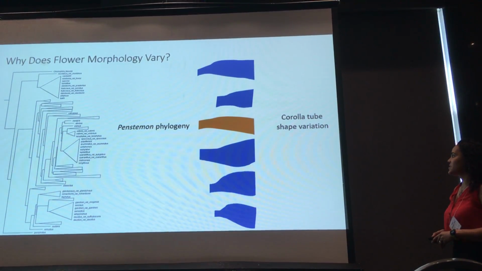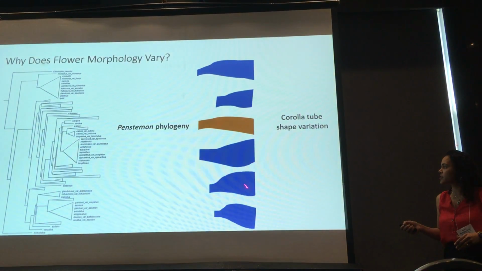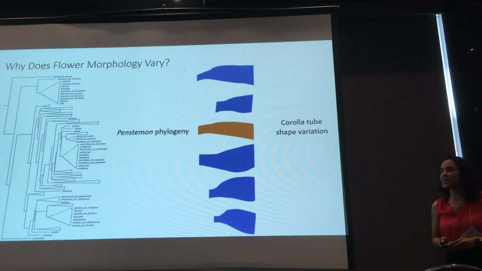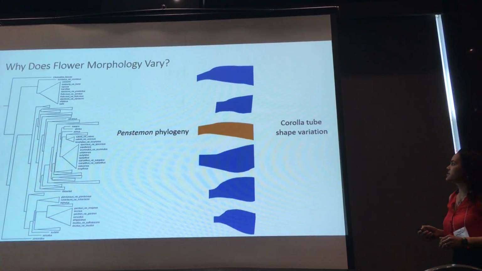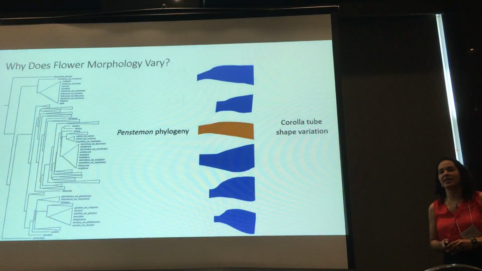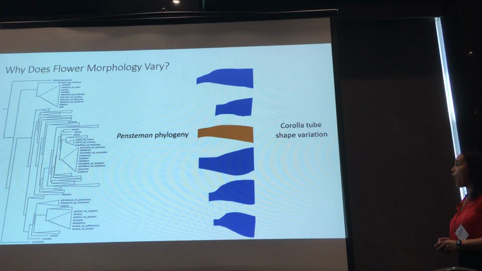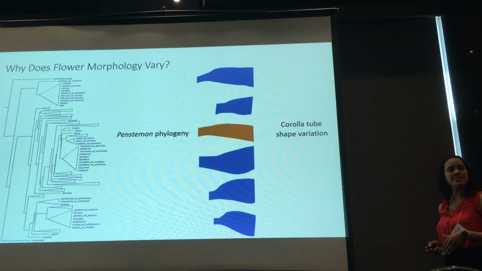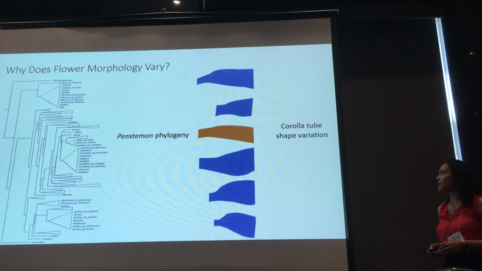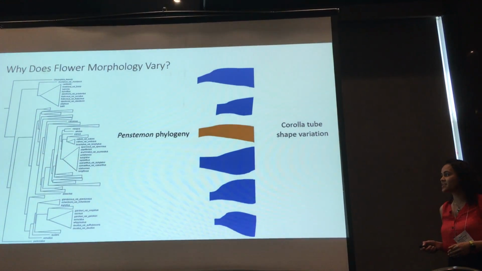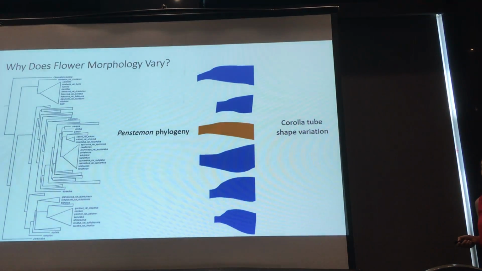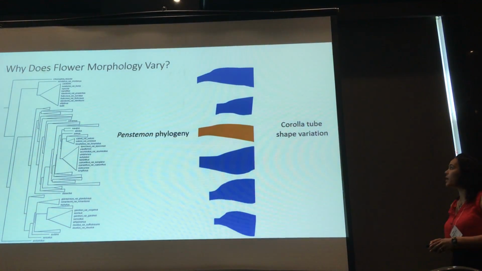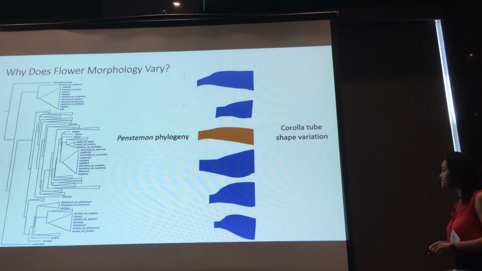The blue ones are silhouettes of flowers pollinated by bees, and the orange one is a silhouette of a flower pollinated by hummingbirds. As you can see, there is a great difference between flowers pollinated by bees versus those pollinated by hummingbirds.